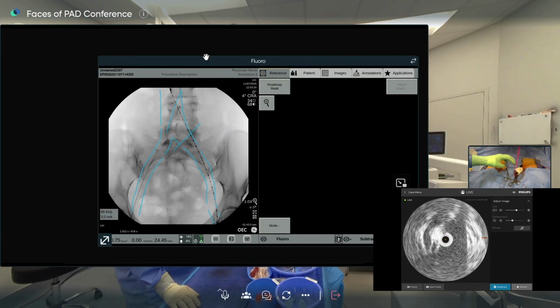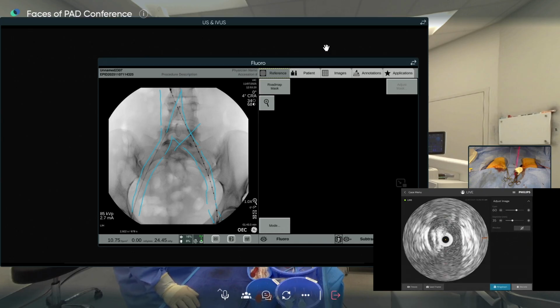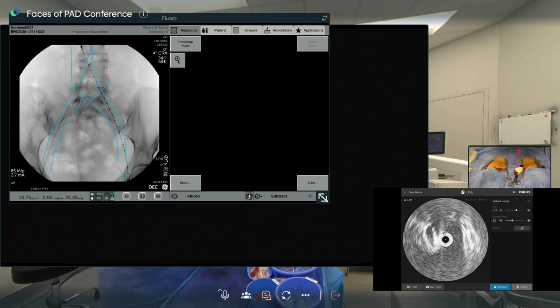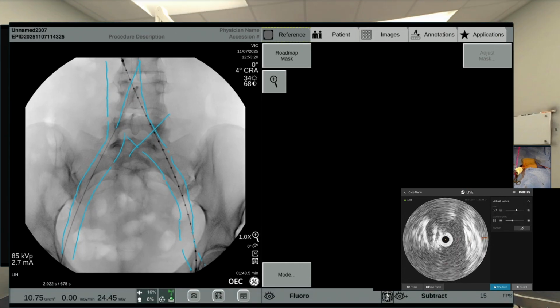So she actually has a fairly high compression. This is probably 2 to 3 centimeters above the level of the IVC juncture. And she has obvious evidence of a venous obstruction because of this.